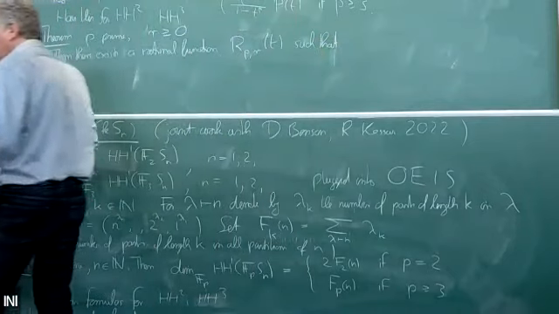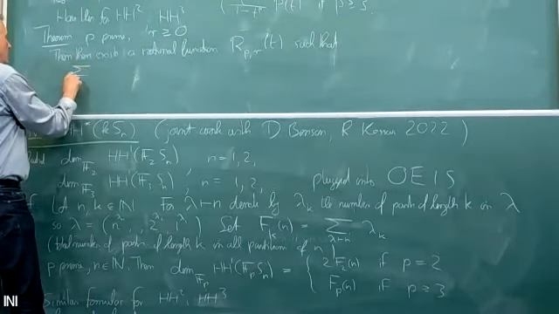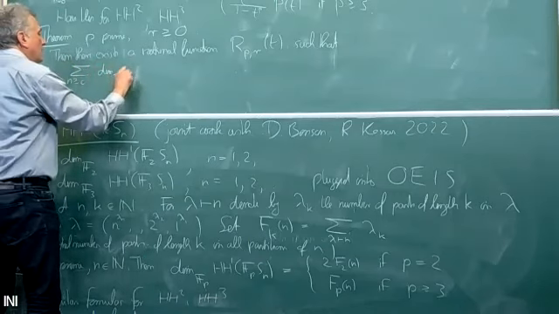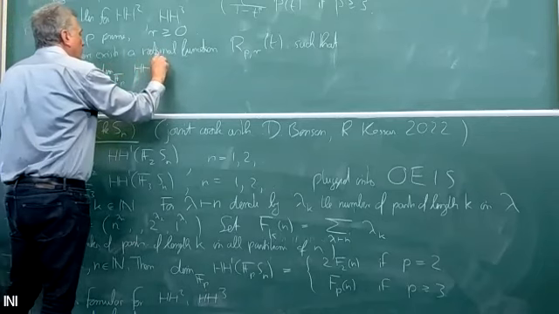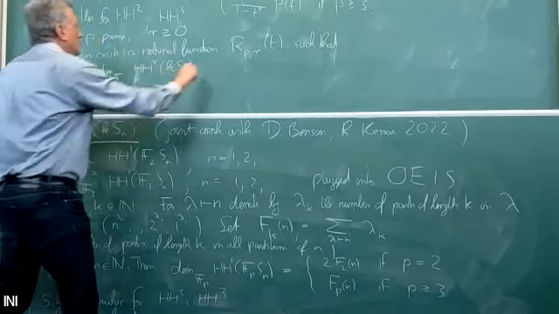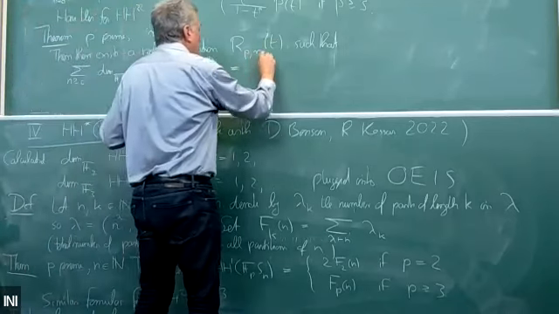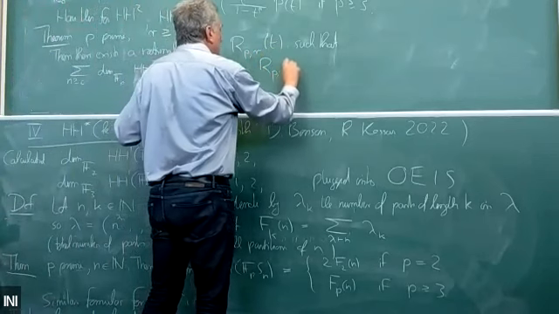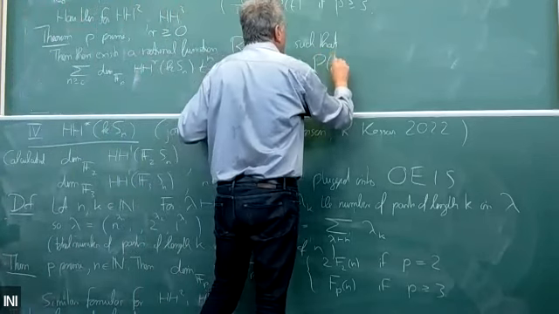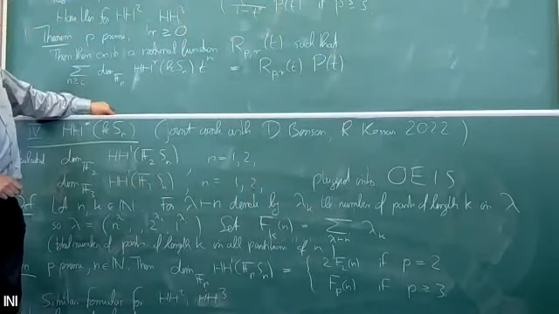the Hilbert series of the degree R cohomology of the symmetric groups is equal to the product of that rational function and the generating function of the partition function.